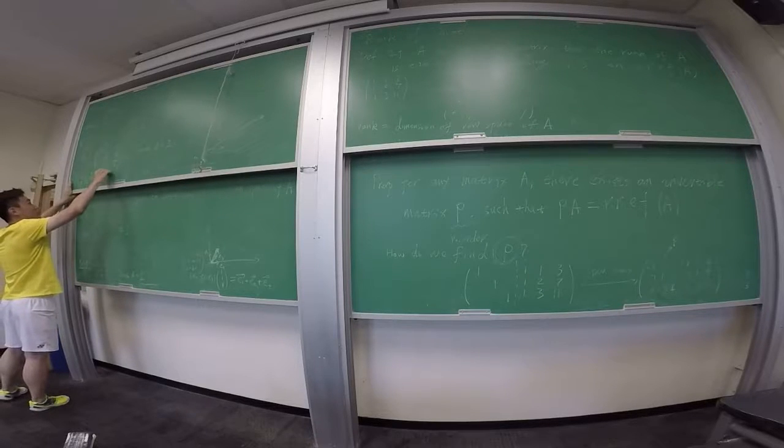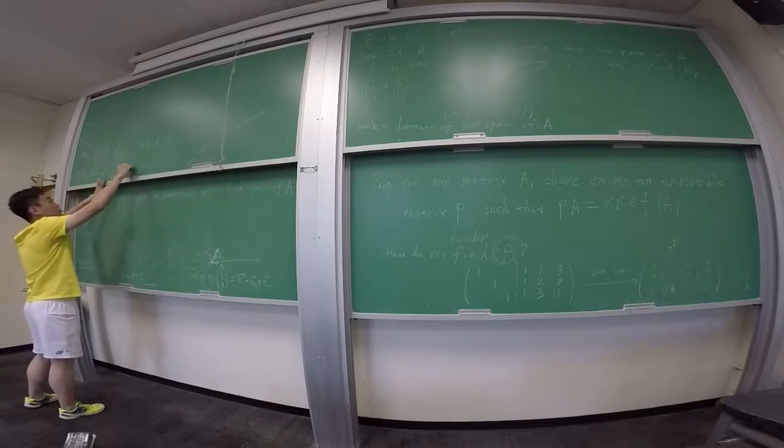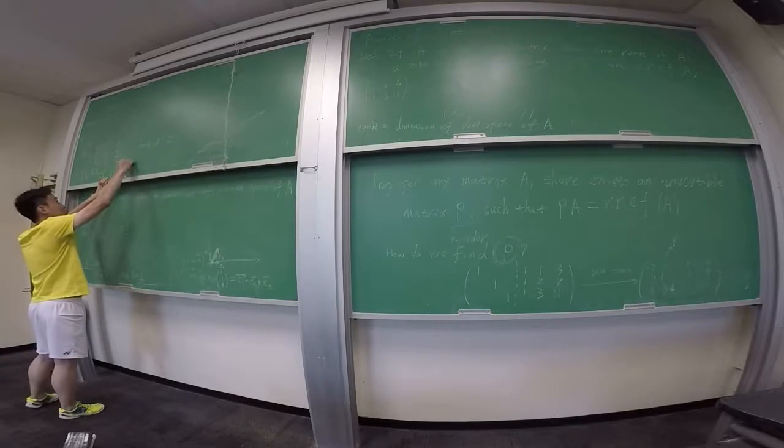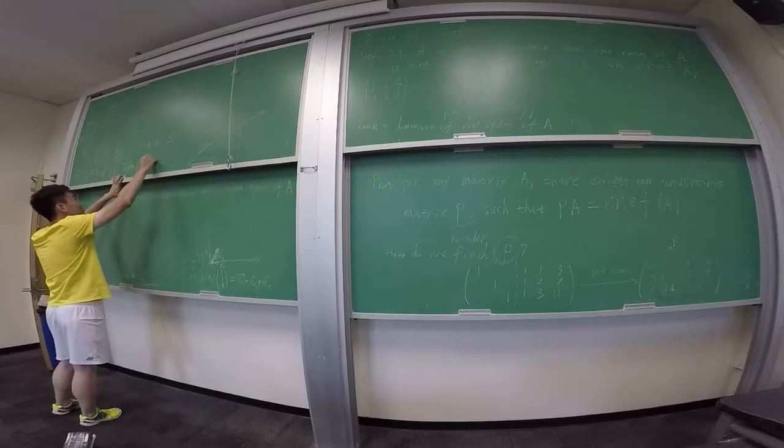What you get is 1, 0, 1; 0, 2, 2; and 0, 4, 6. And then using the first row minus the second row and the third row minus 2 times the second row, what you get is 1, 0, 1; 0, 1, 1; and 0, 0, 0.